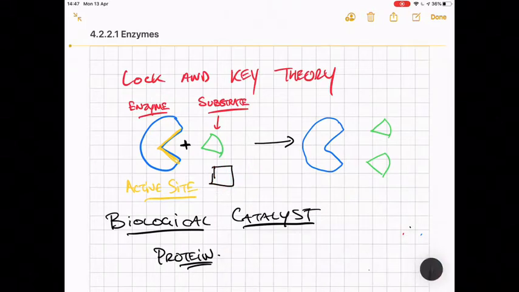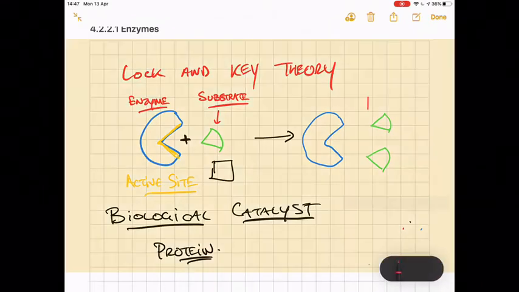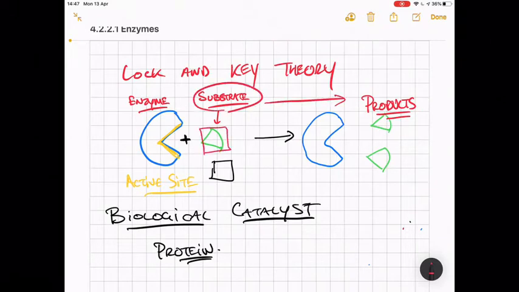So what we get as a result of the reaction are the products. The products are the substance, the chemical, that is produced in any reaction. So the substrate goes in, the products come out. And you can see the substrate looks like this and the products are broken down into smaller chunks.